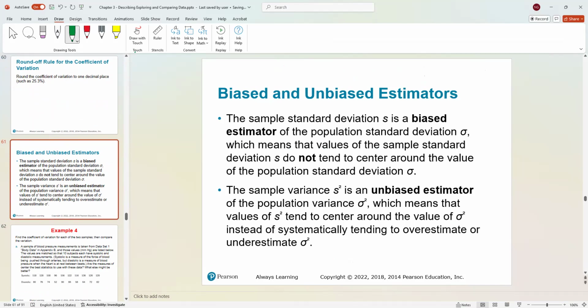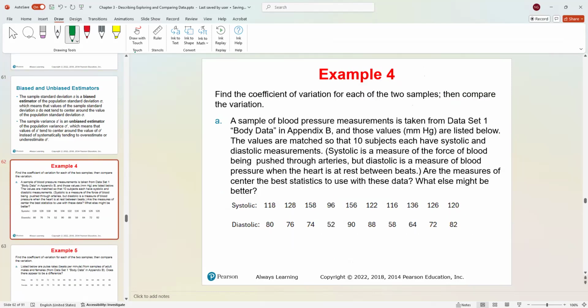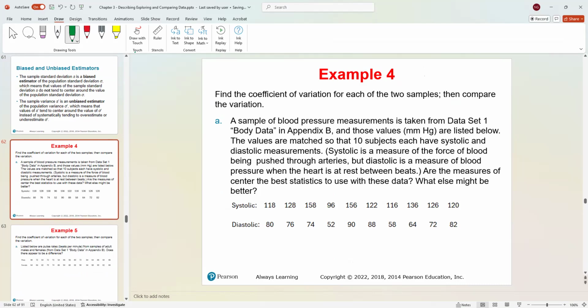But the sample variance S squared is an unbiased estimator of the population variance sigma squared, which means that the values of S squared tend to center around the value of sigma squared instead of systematically tending to overestimate or underestimate sigma squared.